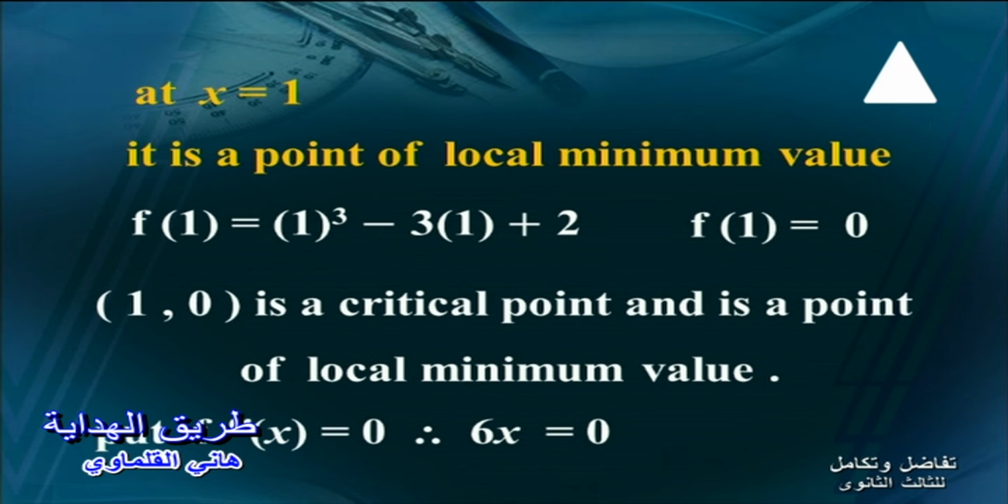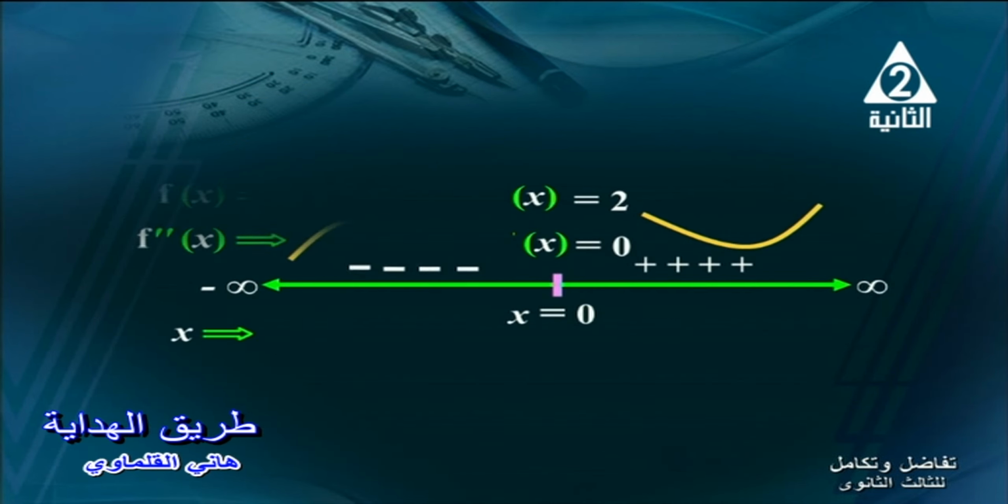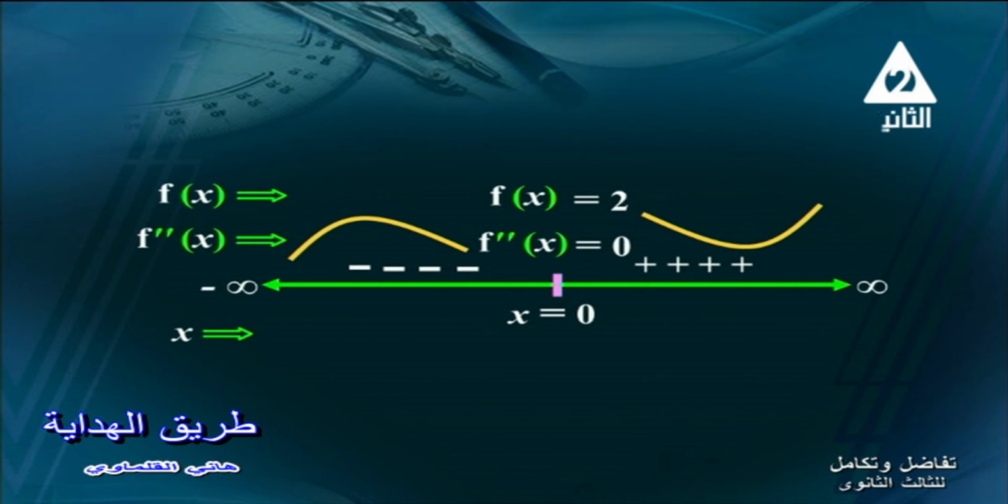Now, to discuss the convexity of the curve, put f double dash x equals 0, then 6x equals 0, and the value of x equals 0. We can discuss the relation between the sign of f double dash x and the behavior of the curve f of x. In the open interval negative infinity to 0, f double dash x is negative and the curve is convex upward.